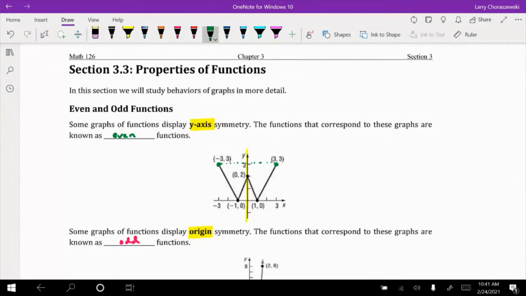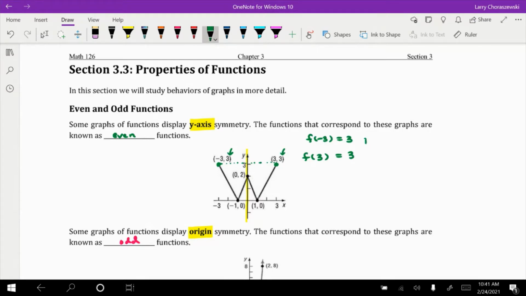Based on function notation and how it relates to y-coordinates, it's true that f of -3 is equal to 3, because that's the y-coordinate when x is -3. If we look at the y-coordinate when x is +3, the y-coordinate is 3 as well.